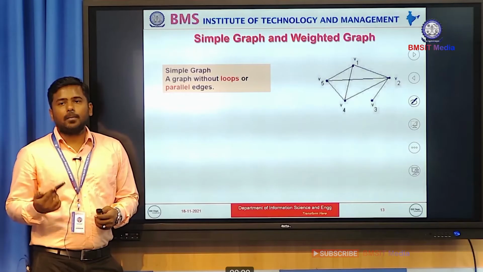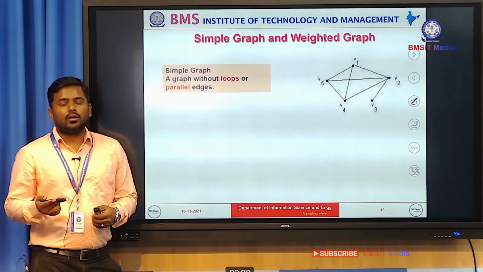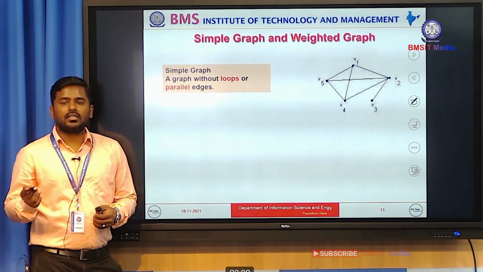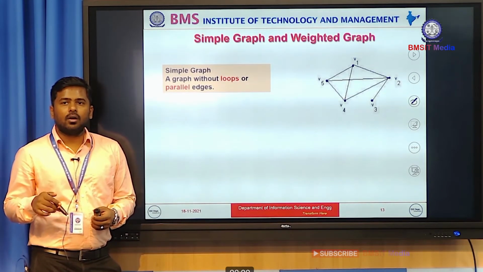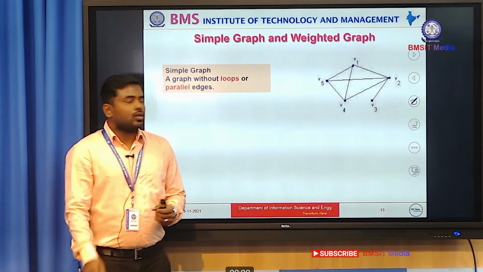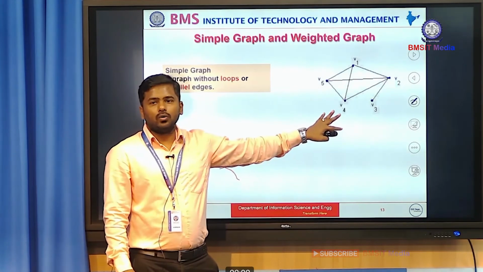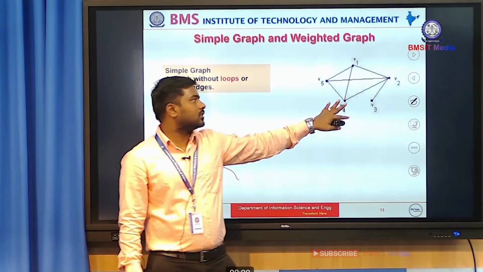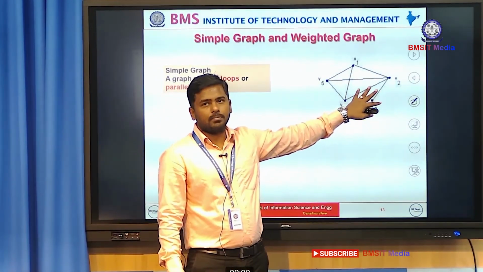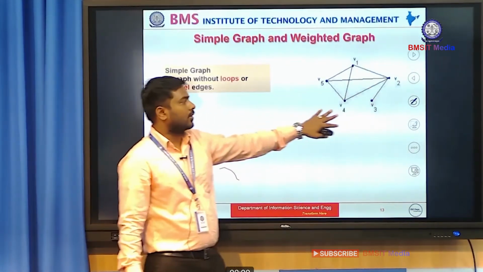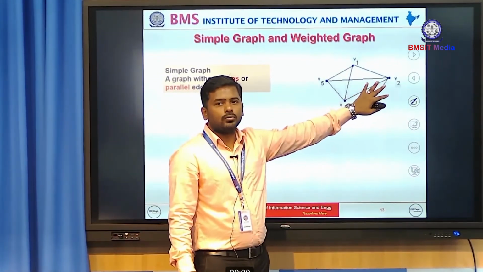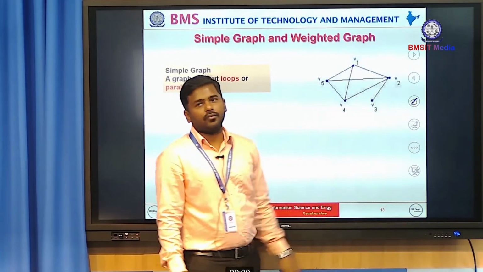A loop is when an edge starts at the same vertex and ends at the same vertex. If a graph has no loops or parallel edges, then we call it a simple graph. Here is an example. You can see that there are no loops or parallel edges in this particular graph.